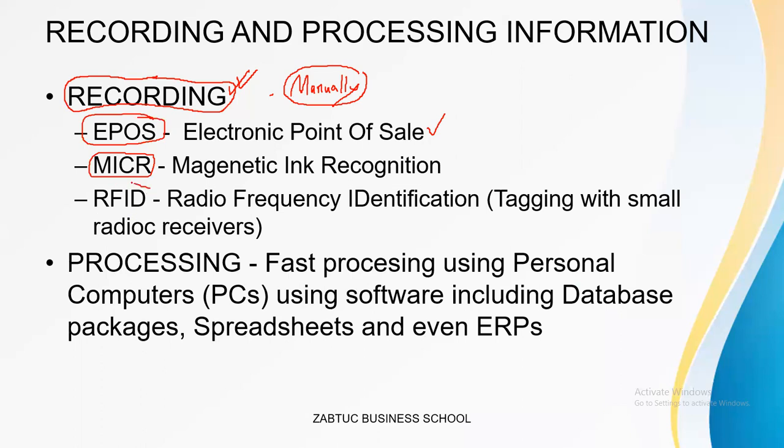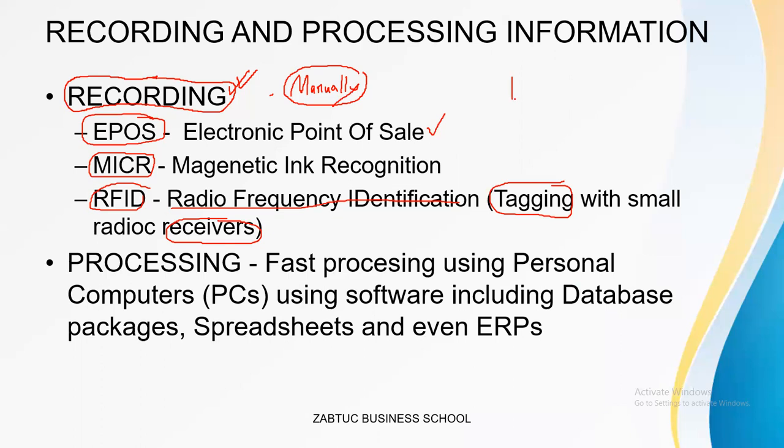Your examiner likes this one. The use of radio frequency identification tags. What does that involve? Tagging with small radio receivers. These could be your assets, your stock items, but now we can even use it for staff, for easy access, and also for easy location.